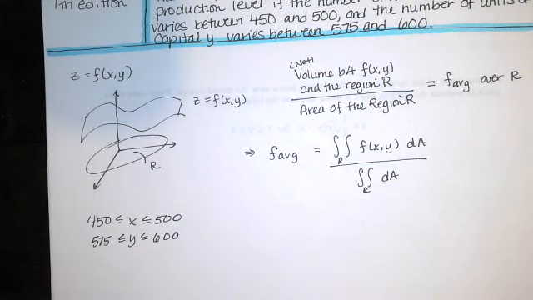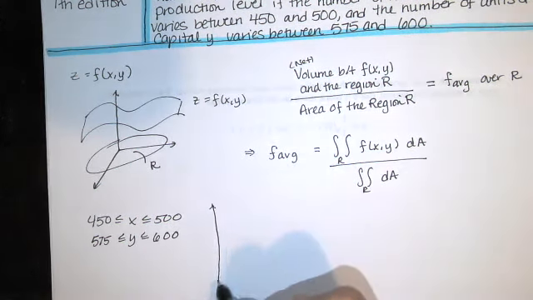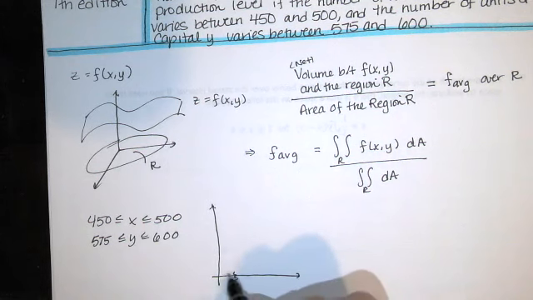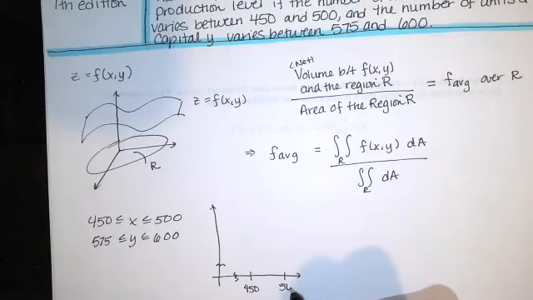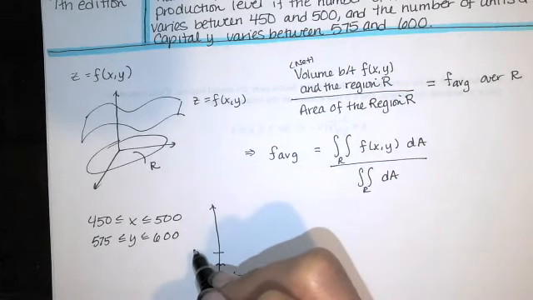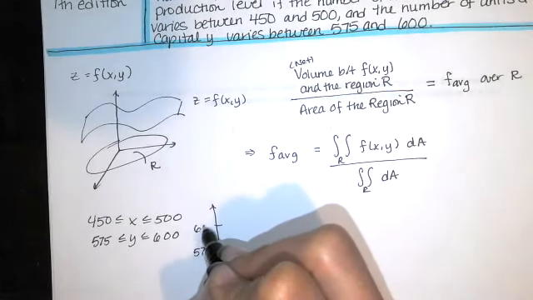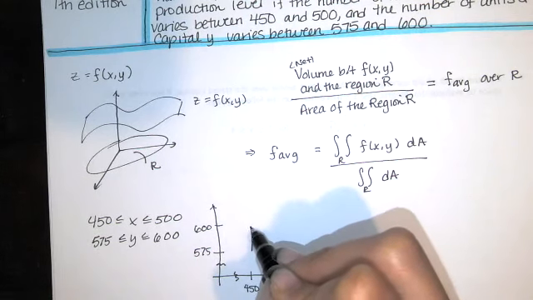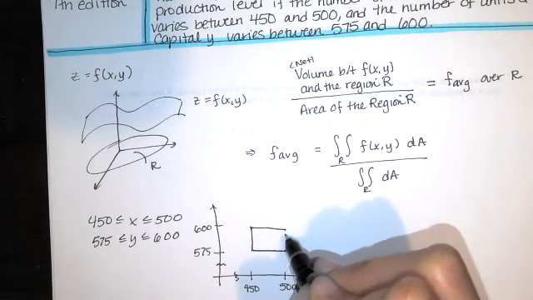So X and Y are both going from a constant value to a constant value. So if I were to look at this region in the XY plane, X starts at 450 and ends at 500, and Y starts at 575 and ends at 600. My region R is just a rectangle.